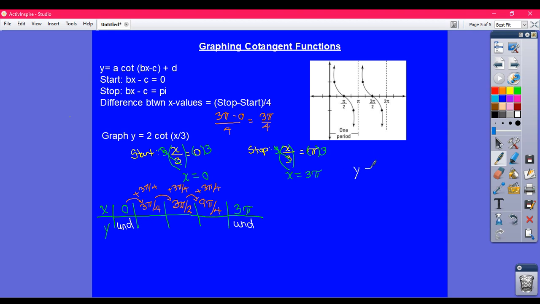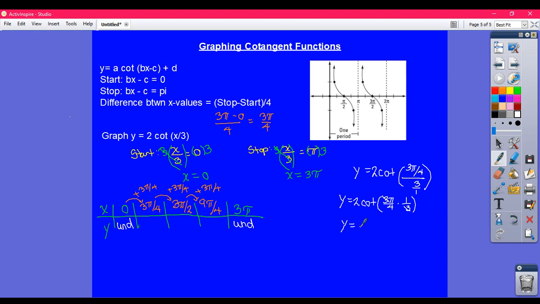So y equals 2 cotangent x over 3. My first x value is 3 pi over 4. So 3 pi over 4 over 3. I'm going to work inside my parentheses, bringing down the whole 2 cotangent the whole time. So 3 pi over 4 times 3 over 1. I'm going to flip that into 1 over 3. So this 3 divides out.